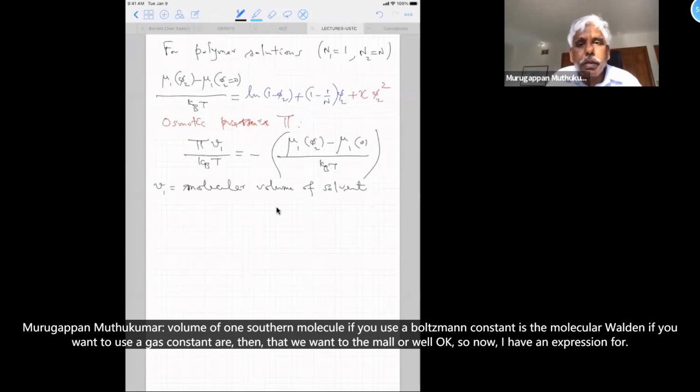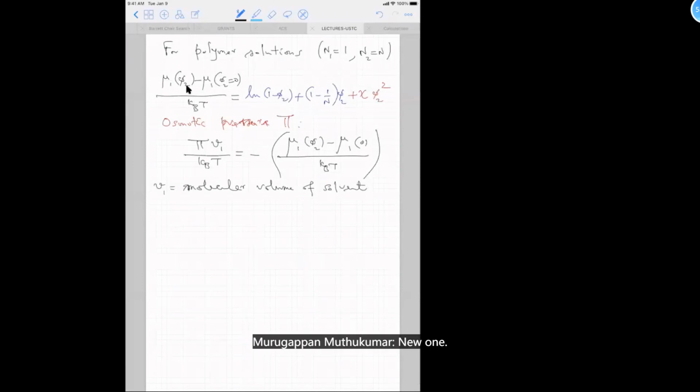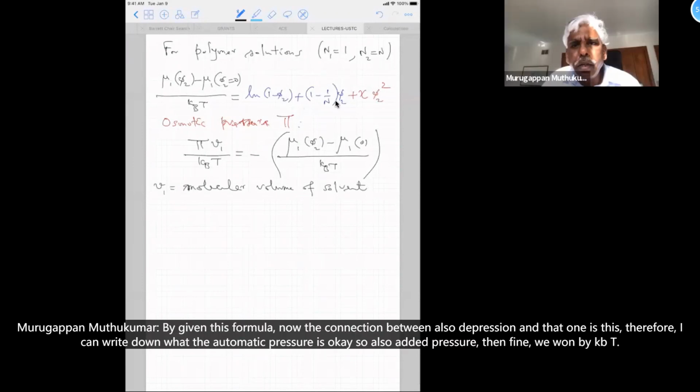Okay. So now I have an expression for mu 1 given this formula. Now the connection between osmotic pressure and that is this. Therefore, I can write down what the osmotic pressure is.